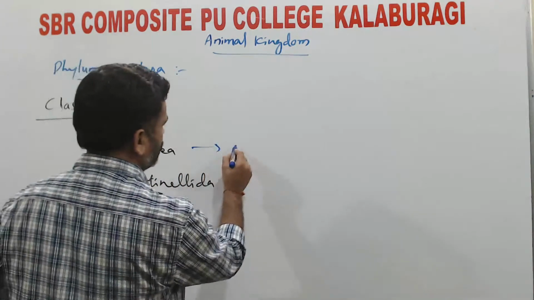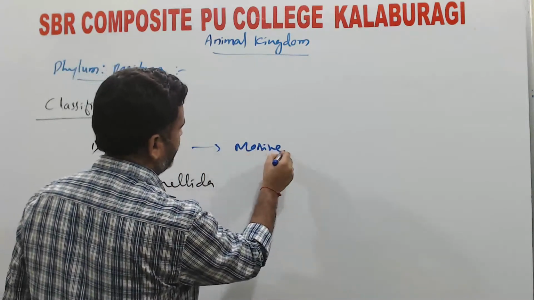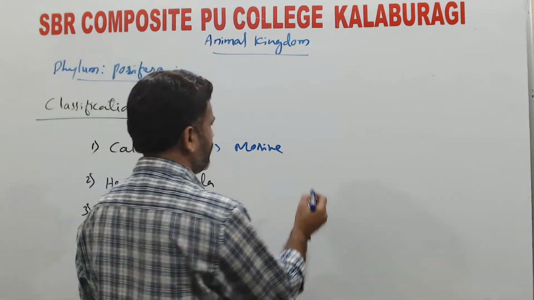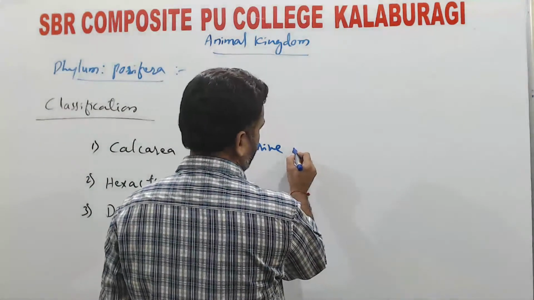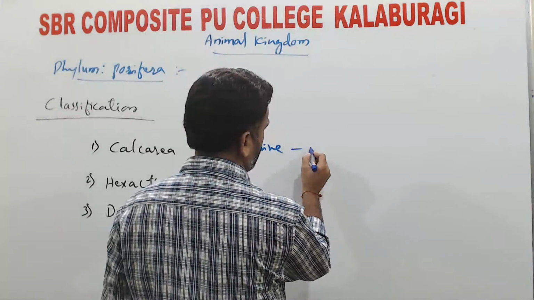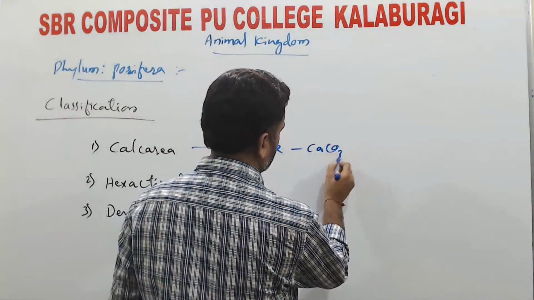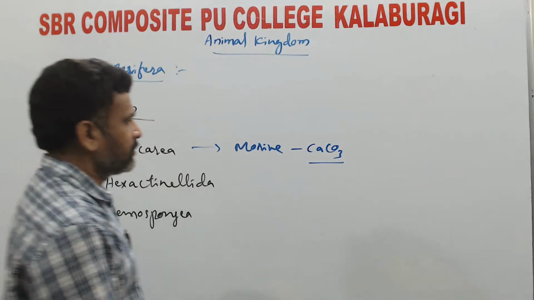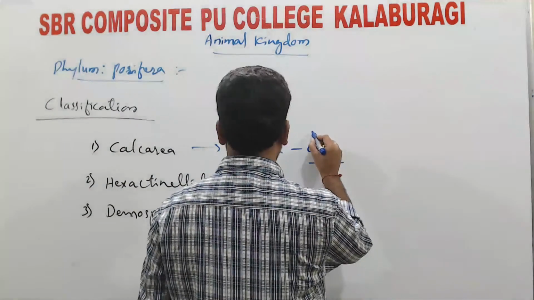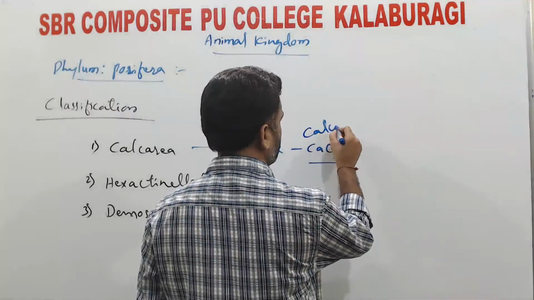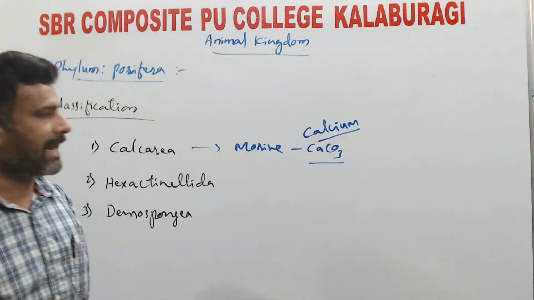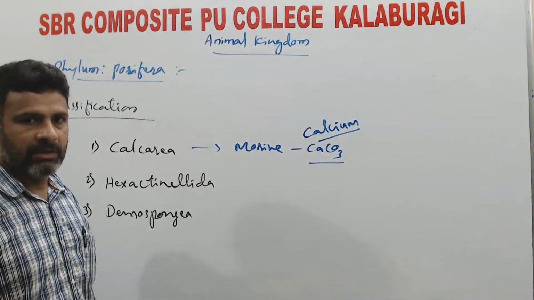The Calcarea mostly include marine individuals. These marine individuals have an internal skeletal structure made up of calcium carbonate. That is, the spicules are made up of calcium carbonate substance.